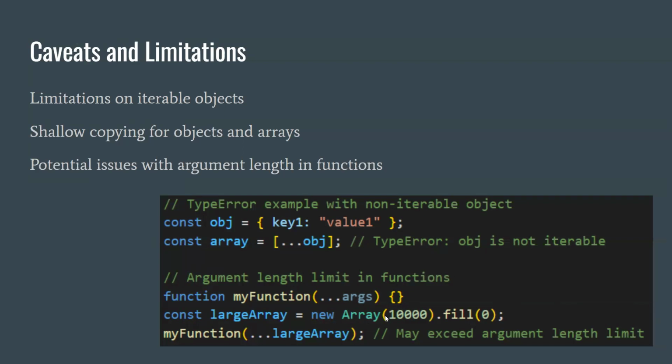If you create a new array with size 10,000, and this large array has 10,000 zeros, and we call my function with spread syntax, so we're providing 10,000 arguments, depending on your JavaScript engine, you could end up getting an argument length limit error.